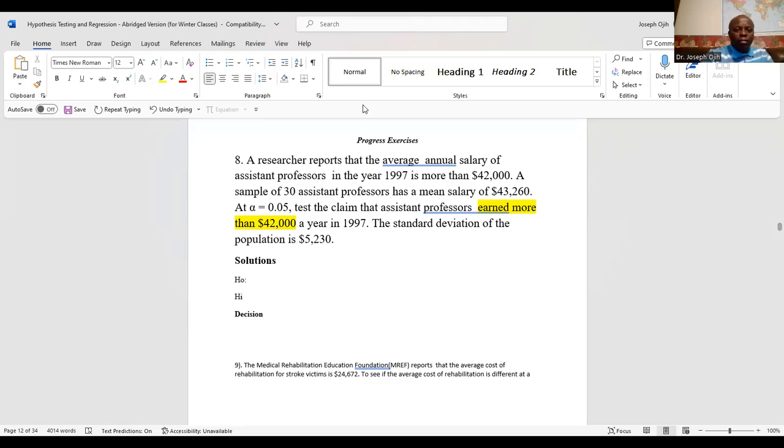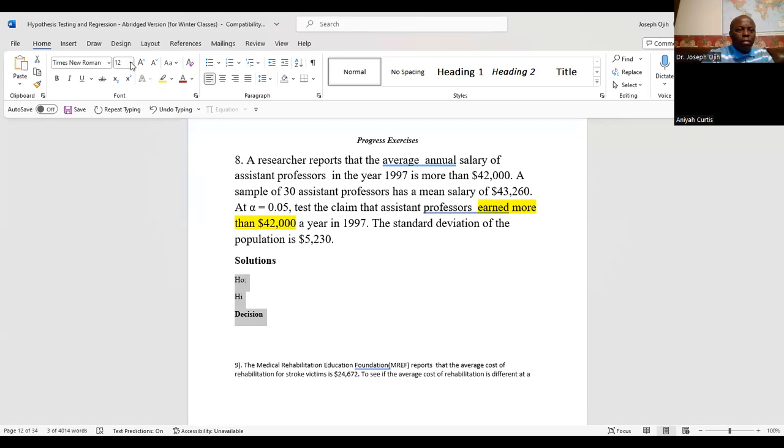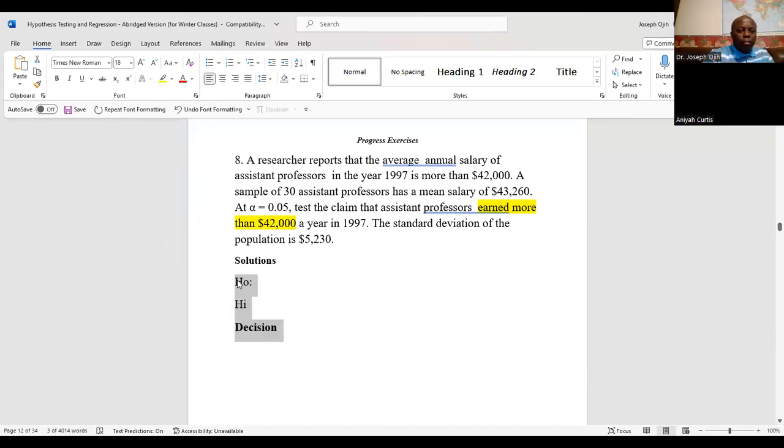That's the first thing you do when you are testing hypothesis, is to state the hypothesis. H0 and H1. Because it says more, use the greater than symbol, and you can only use the greater than symbol in the alternative hypothesis.